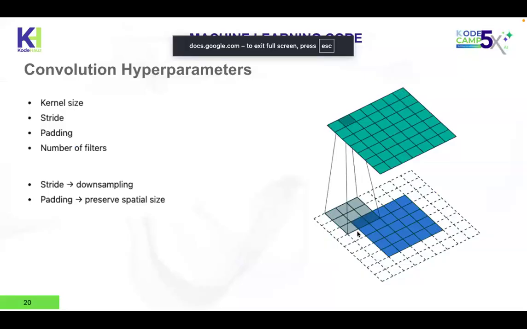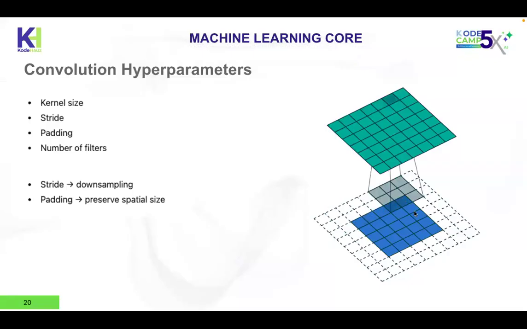Okay. So what this is showing you is, you see, you have the blue. This blue here is the image. The blue is the image. Then the broken lines around is the padding that has been added.